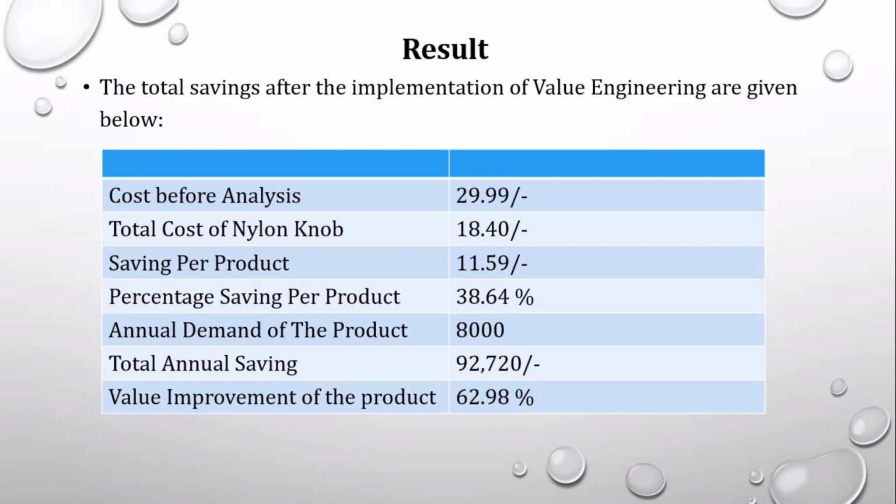So value improvement of the product is 62, the cost saving is 38.64, and that is 62% value improvement. Okay.